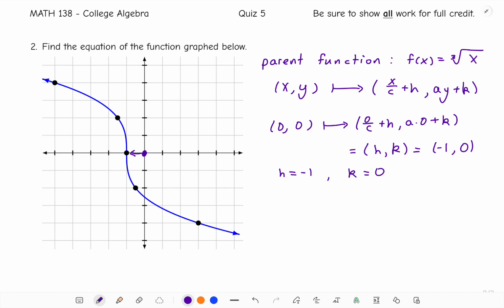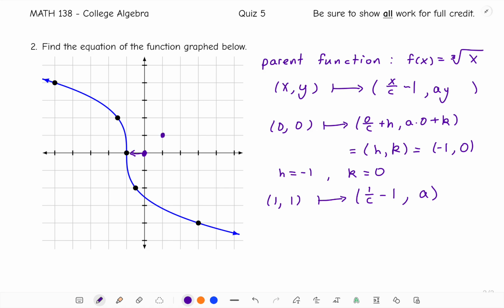So now if I plug those values into this formula, we get a -1 here, and that becomes 0, so it disappears. Now the next point I have is 1, 1. Where does that get mapped to? Well, that would be 1 over c minus 1, and then a times 1, which is just a. And 1, 1 is here.